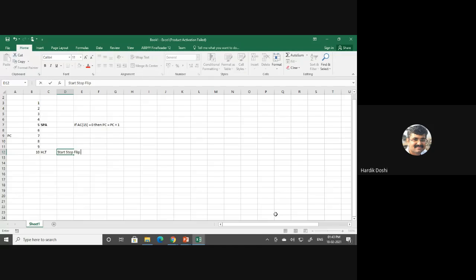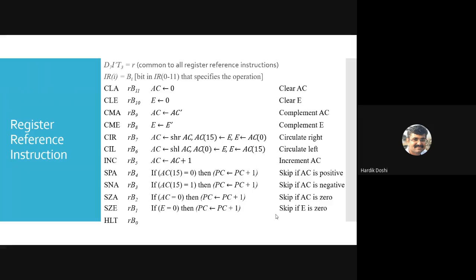When a halt instruction occurs, we need to set this start-stop flip-flop to 0. Then we term this halt computer. Is it fine, everyone?